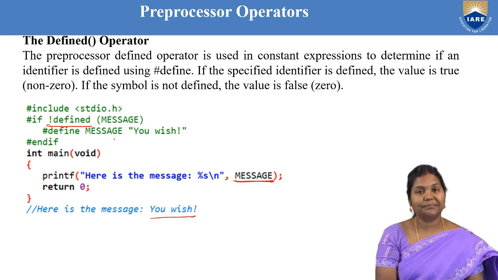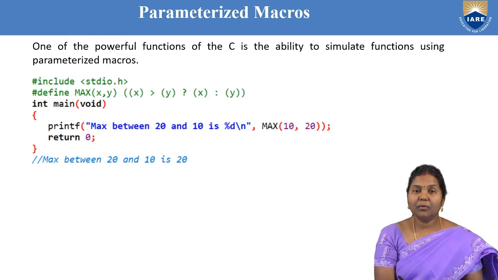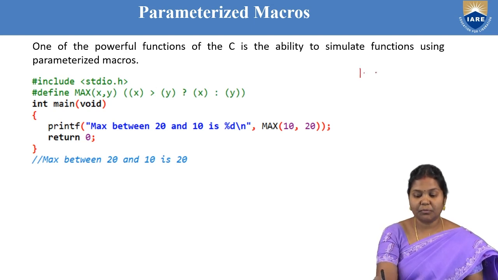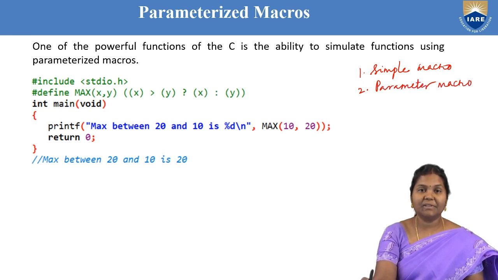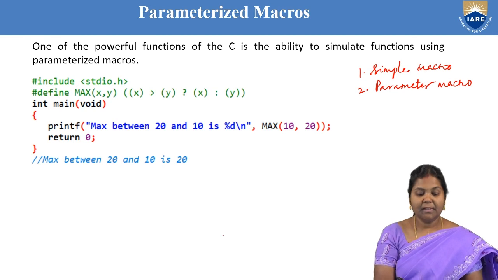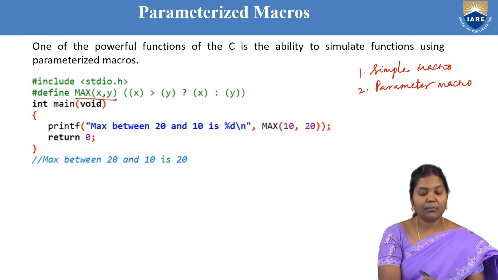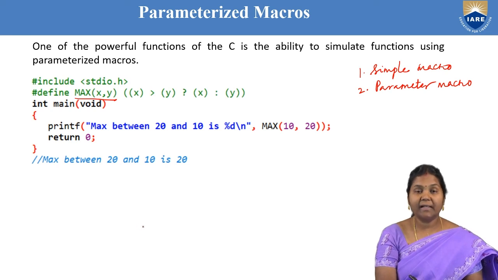Then the macros are of two types. One is called simple macros and the other is called parameterized macros. So you can write macros in two ways: simple macro, and the second category, parameterized macro, which is a macro with parameters that takes some arguments. Let us understand one example. Suppose we are defining a macro as #define max(x, y).